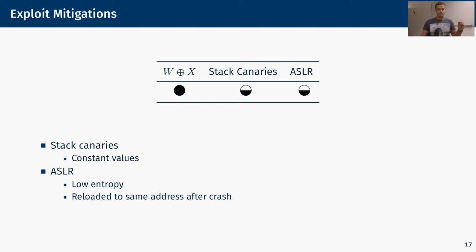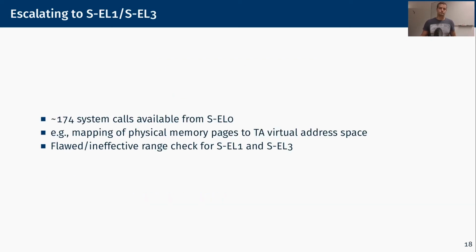Once the trusted application crashes, it is reloaded to the very same address again, and you basically just need one leak from one of the crashes to figure out the entire address space layout. So these two, stack canaries and ASLR, are not really effective here.